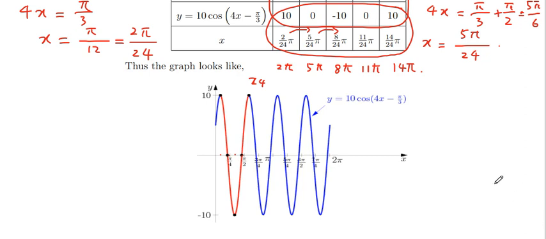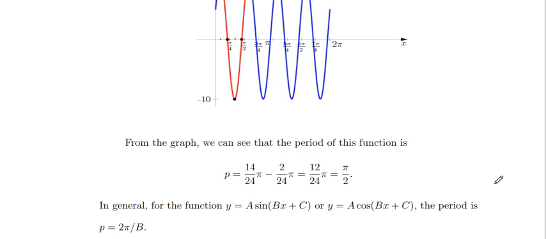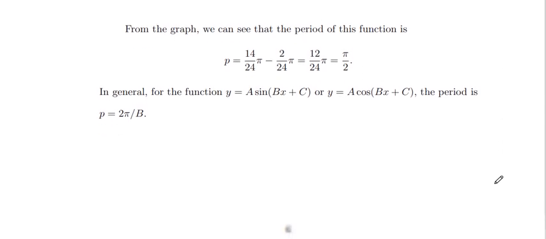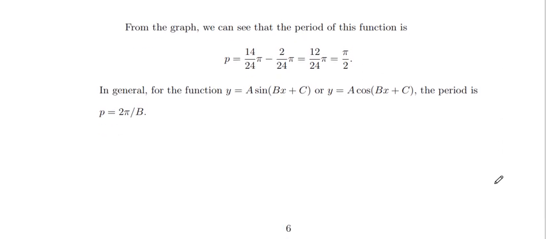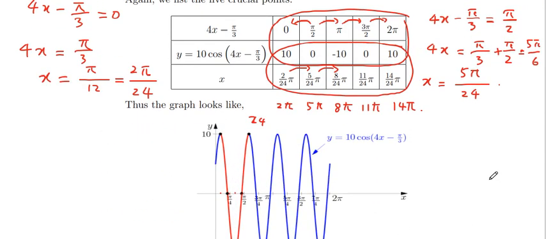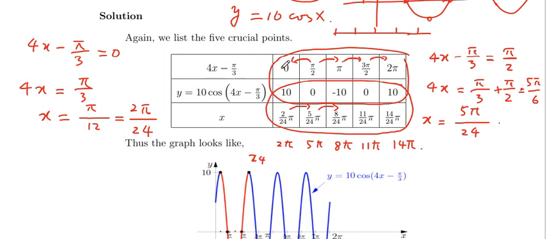Okay, so this is the general sine and cosine function. Here we have some names. For general functions we find the period. Before, for sine and cosine, from 0 to 2 pi is one period. Here, from this point to this point is one period for this function.